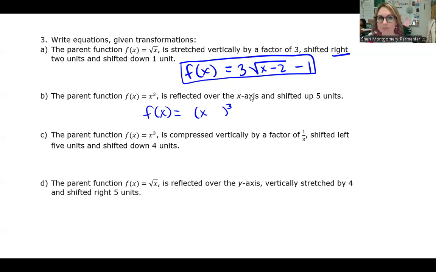What does that mean? Negative out in front. And shifted up 5 units. Where do we put that? At the outside, at the end. So +5. So nothing goes in the X grouping. So I could scoot that stuff over. Nothing even goes inside there.